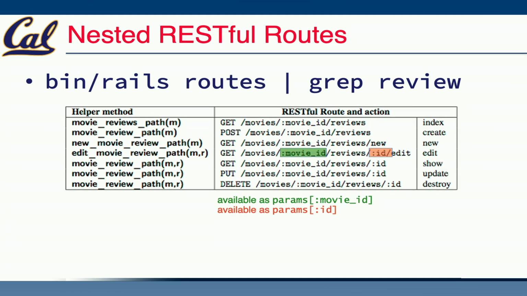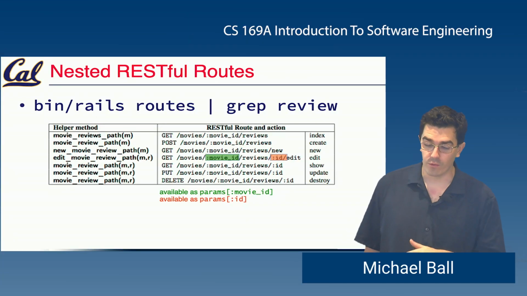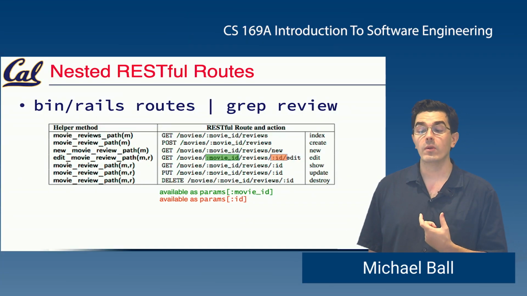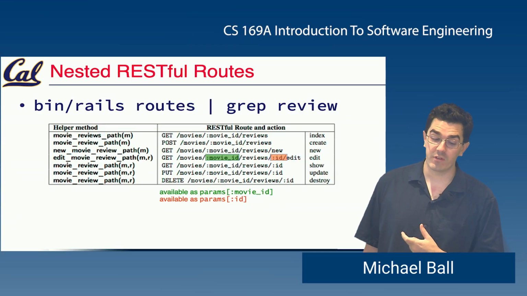What that essentially allows us to do is, given a particular URL, I will specify something like, in this case, let's say GET movies/movie_id/reviews/id, and then perhaps edit or new or whatever it might be. But notice what Rails has set up here. On the page that we're working on, if we are editing a review, since it's already been created, what we're going to be looking at is the ID of a specific review.